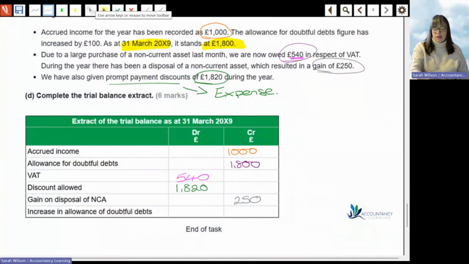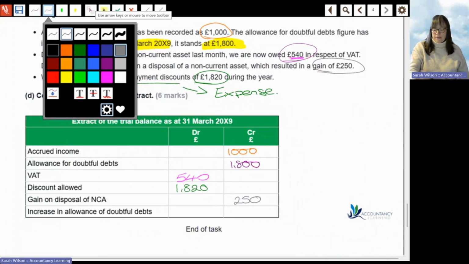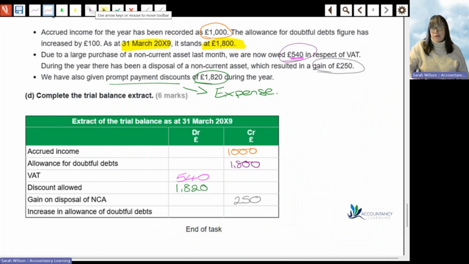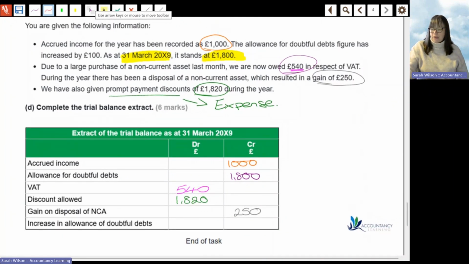And then finally, we need to look at the increase in allowance of doubtful debts. And we're told the allowance for doubtful debts figure has increased by £100. So if we're increasing that figure, it means it's an extra expense to the business because we don't expect that percentage to be paid.